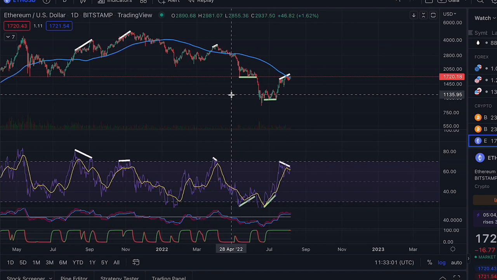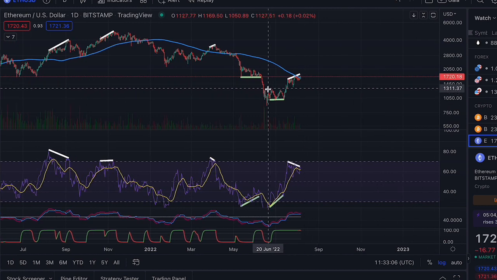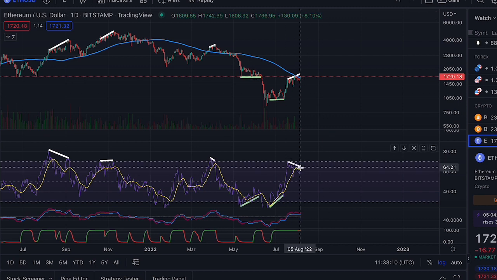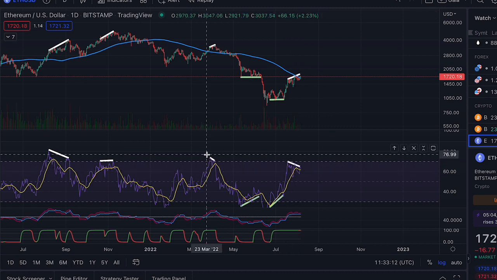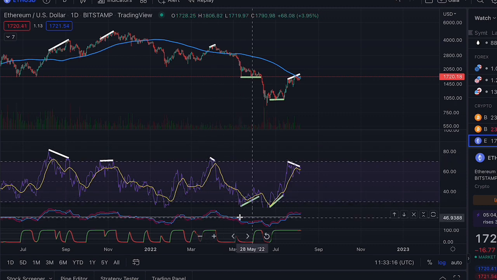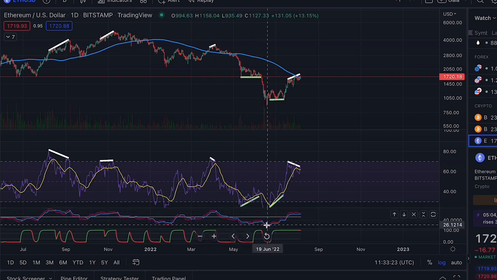So anyway, I'm just saying this so that you guys are careful, because if you're going to buy in, you want to be buying in on these dips. And if you really want to look for a good opportunity, it's better to buy when the RSI is at a low end.